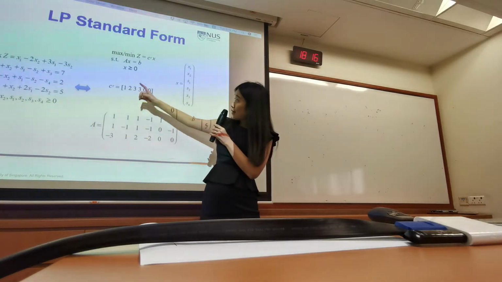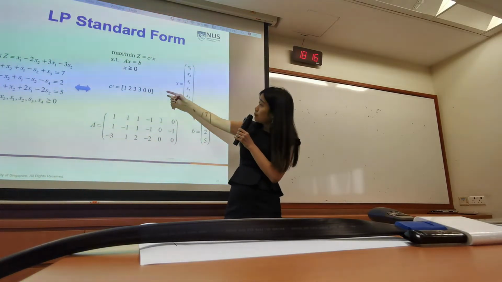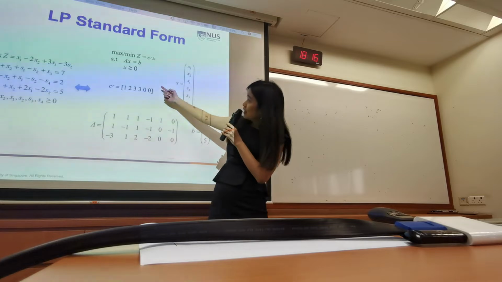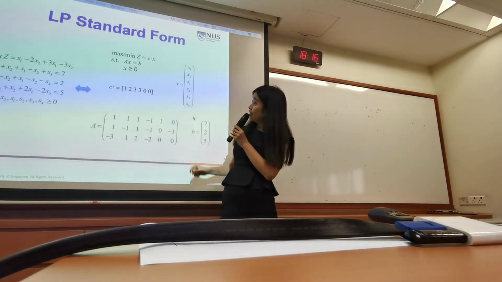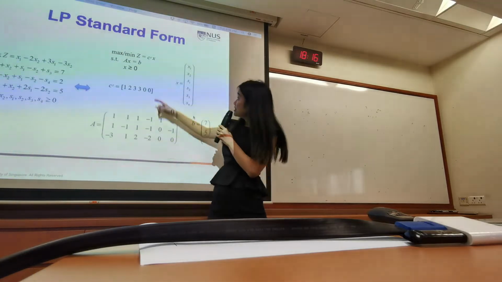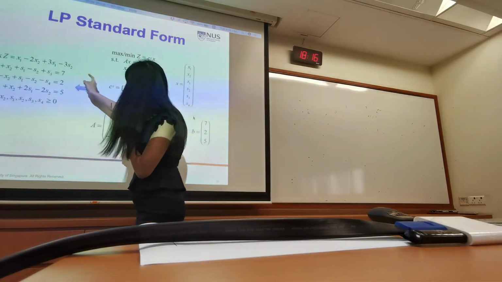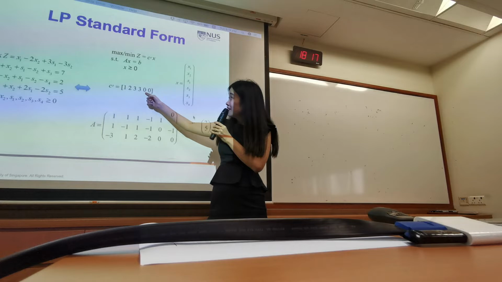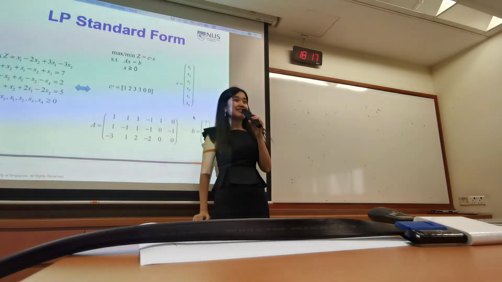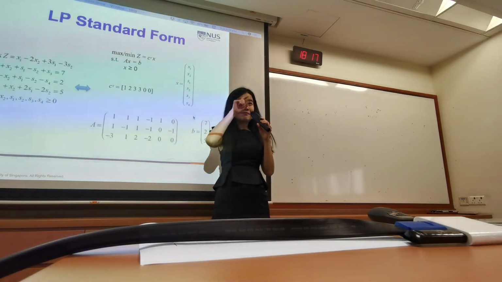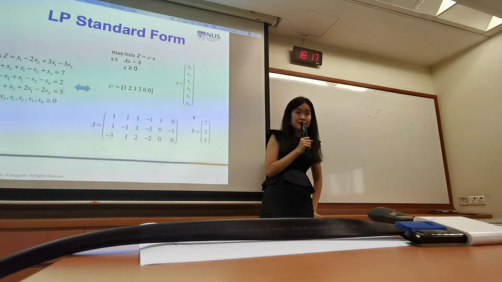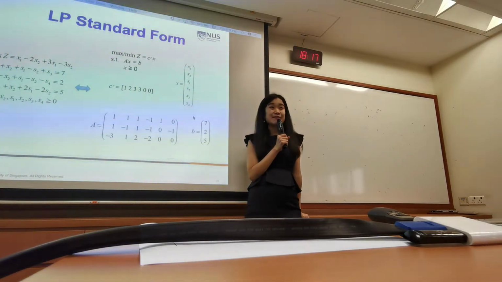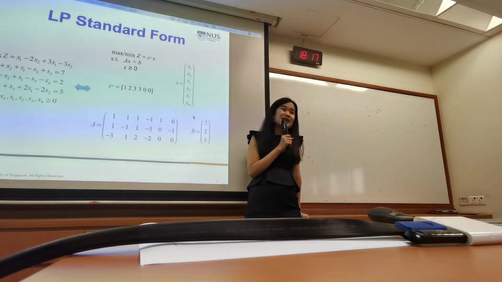If we want to write maximization, we write my objective function Z, and all 6 variables are written here. And c is the coefficient in the objective function. So what's the dimension of c? The dimension is a common problem you need to get familiar with, because in many matrix operations you always get errors because you put the dimensions wrong.